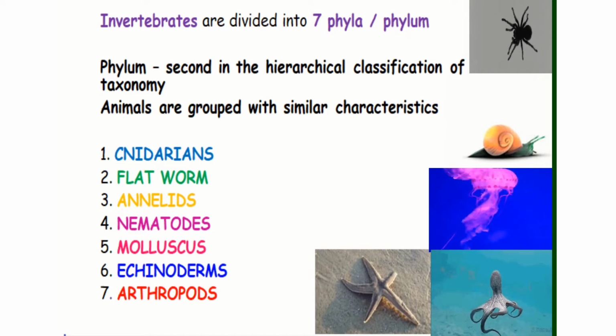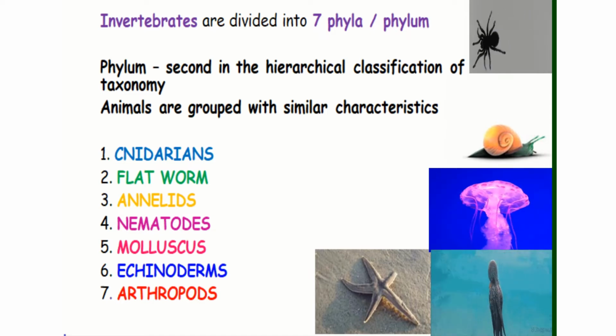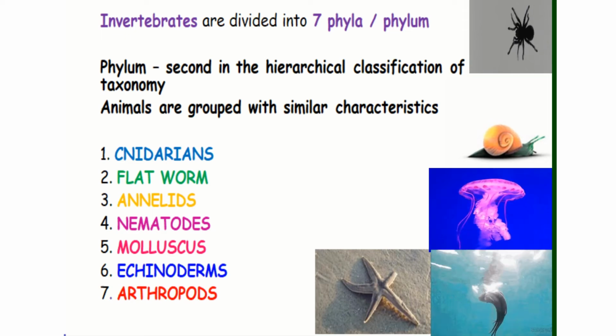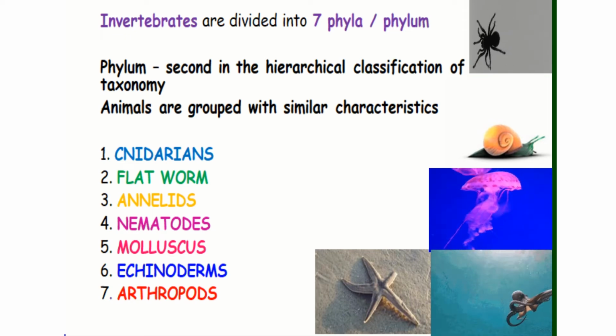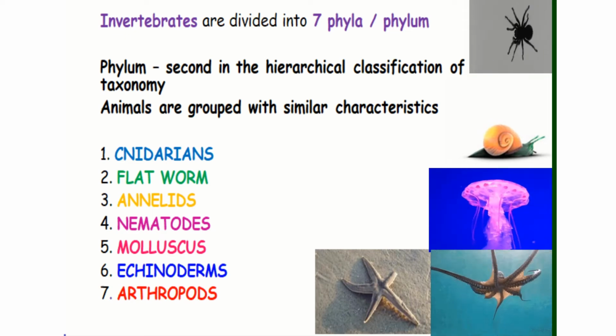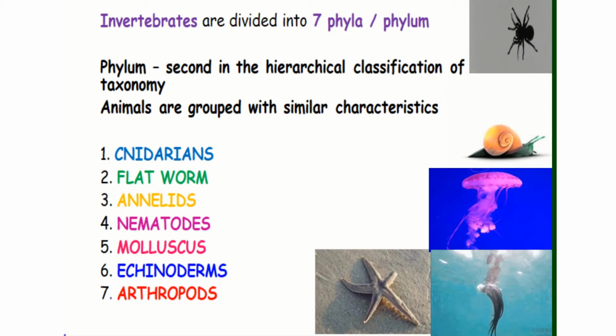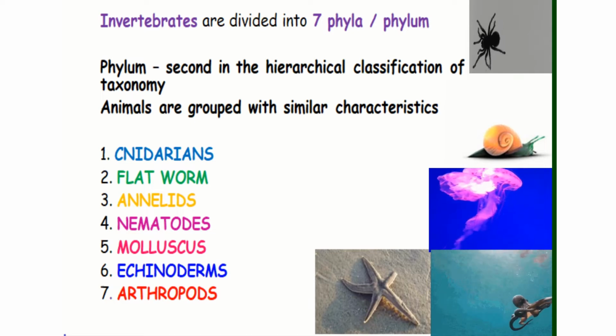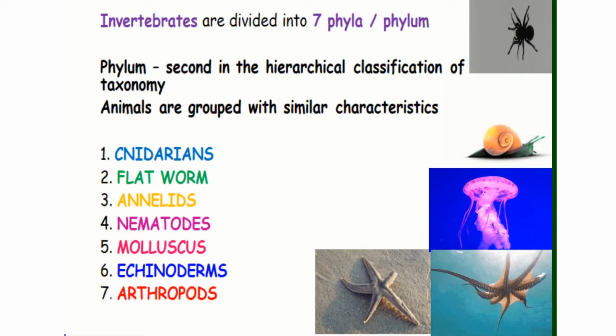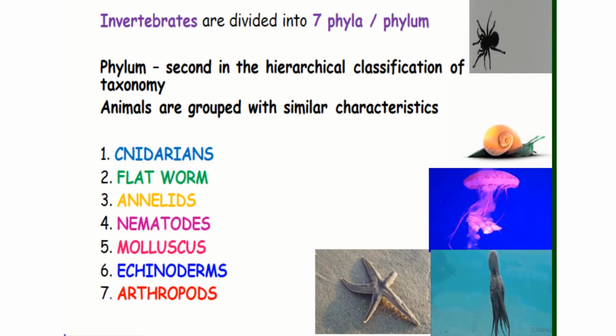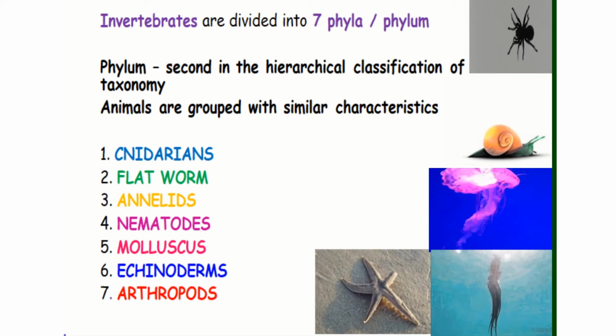Please, whenever I say the phyla's name, repeat after me for better pronunciation. The first phylum is Cnidarians. You might be thinking, teacher, we have a C there. C is silent over there. Okay, pronounce it as Nidarians.